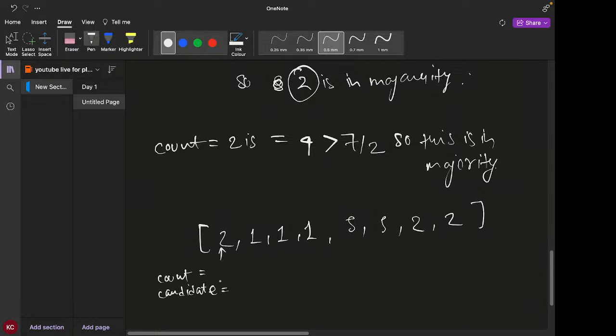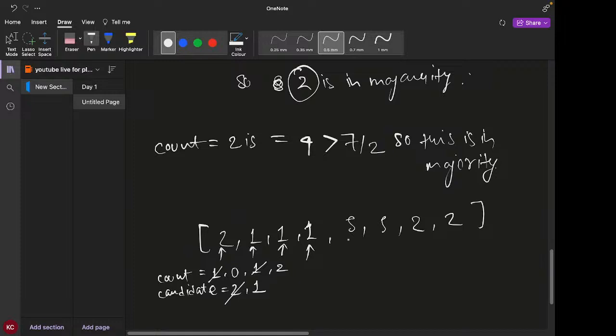Let's suppose I am at the first element, then the candidate will be 2 and the vote count 1. Again I move on and the count will be 0, and there is no active candidate because 1 cancels out the 2. Again the next 1 gets a vote, so the new candidate will be 1 and it will get 1. Again I move to the 1, the candidate gets 1 more vote, so its count will be 2.